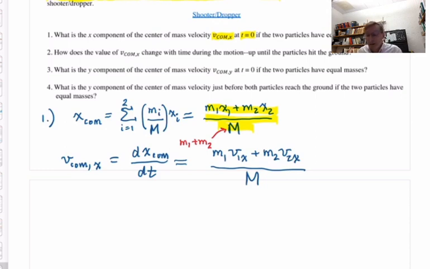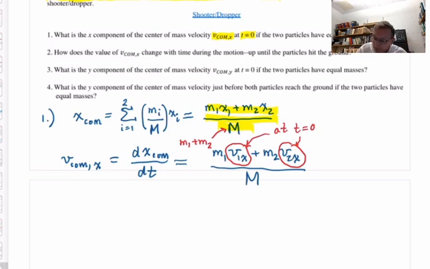And I'm going to plug in numbers now for v1x and v2x at the instant t equals 0, right? Because that's when it asks for VCOM x. Here's something else I'm going to do while I'm at it. Since particle 1 and particle 2, the dropper and the shooter, have the same mass, I don't need to write m1 and m2. I'll just write m, because it's the same.